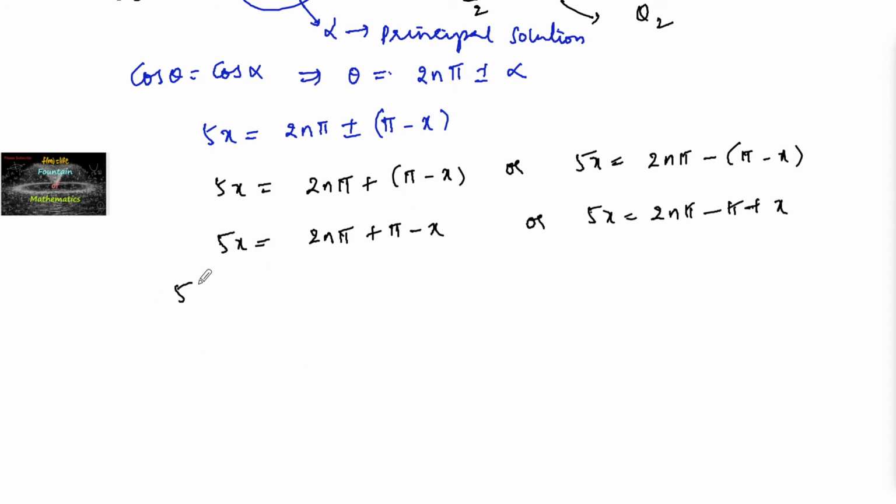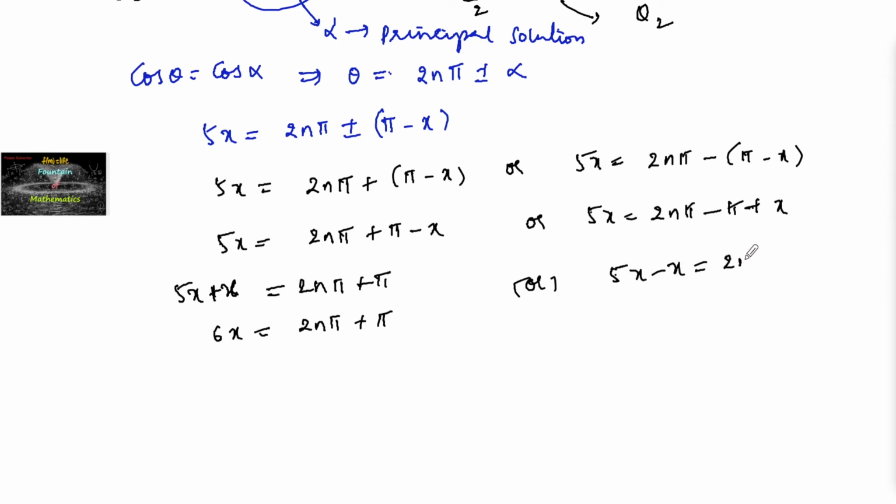So here 5x plus x, that is 6x, is equal to 2n pi plus pi, or here we can write 5x minus x, that is 4x, is equal to 2n pi minus pi, sorry.